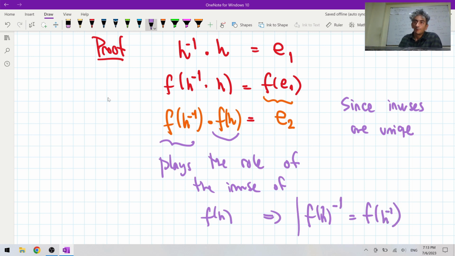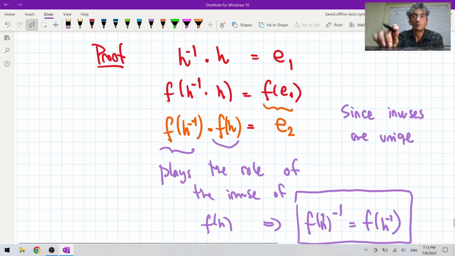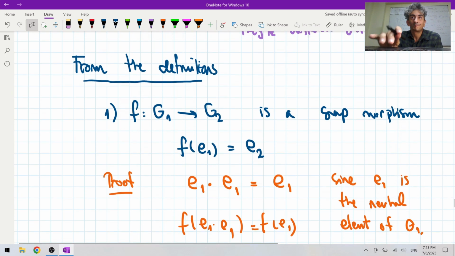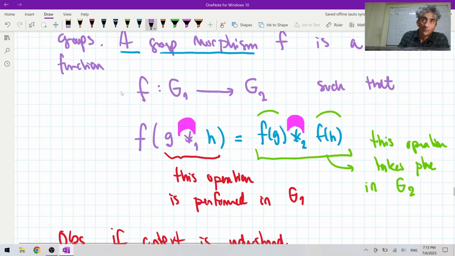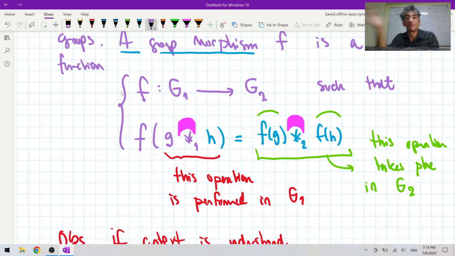So group morphisms are compatible with the group operation, and that means that they need to take the identity to the identity and the inverse to the inverse. Not only the operation itself, but it respects neutral elements and inverses.